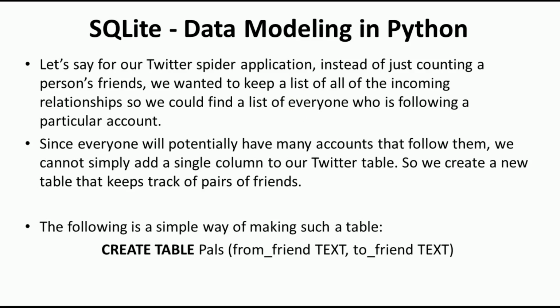Now in the previous video lecture we studied the Twitter spider application, where we extracted the friends information of a particular user, and that friends information was stored into a database table. Later, for every friend the friends information was extracted.